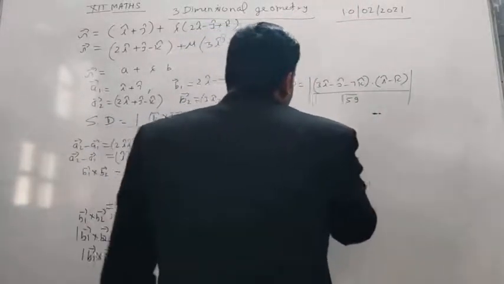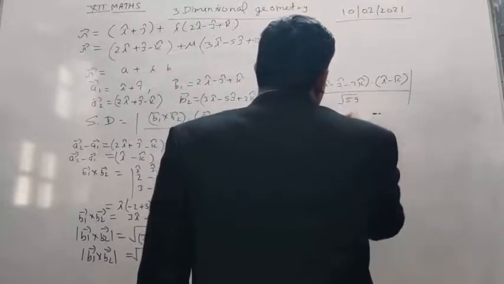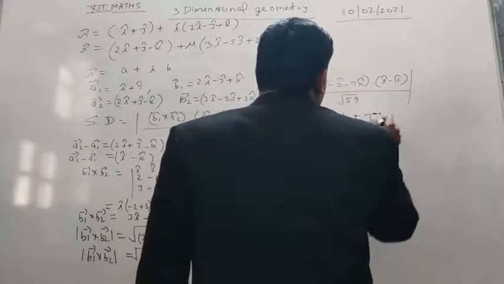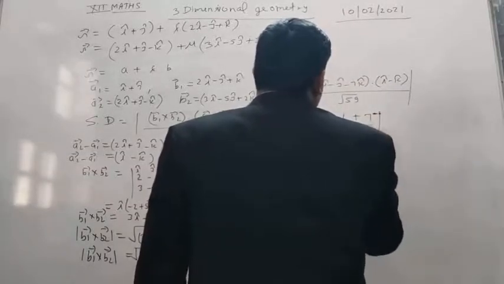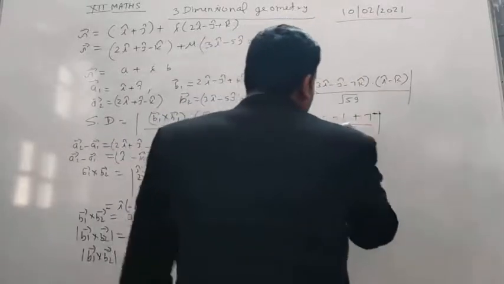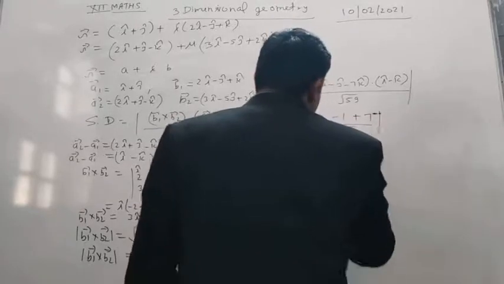Shortest distance is, we can write, student, 3 and minus 1 and plus 7 by under root 59. So shortest distance is 7 and 3, 10 minus 1, 9 by under root 59.